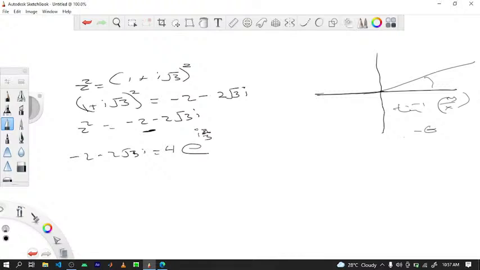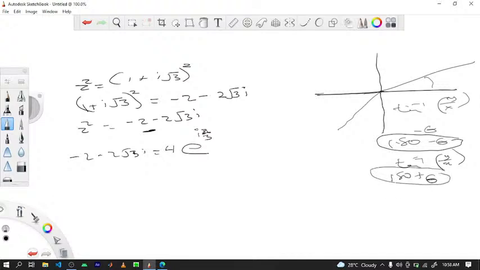So the argument becomes 180 minus theta for the second quadrant. For the third quadrant, you get tan inverse of y over x, which is going to be a positive theta, but because it is in this quadrant, you just add 180 to it, so 180 plus theta.